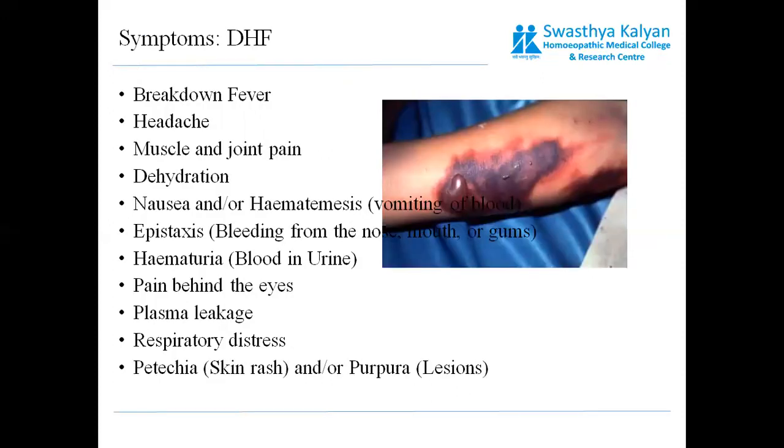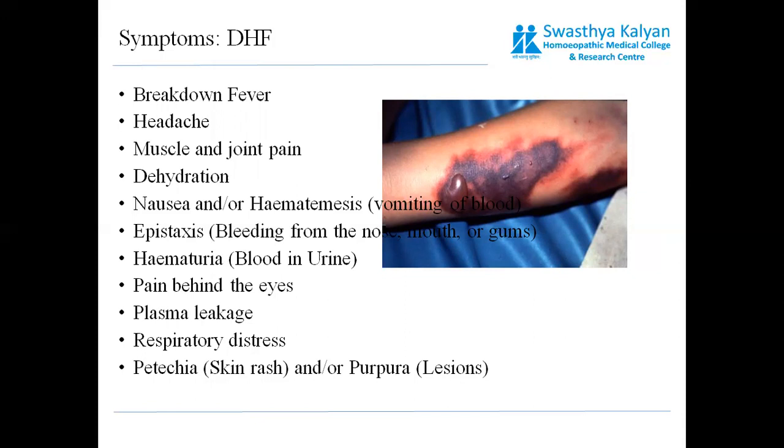Now discussing the symptoms: fever, headache, muscle and joint pain, dehydration as a lot of fluid is lost, nausea or emesis, that is vomiting of blood, epistaxis, that is bleeding from nose, mouth or gums, hematuria, blood in urine.